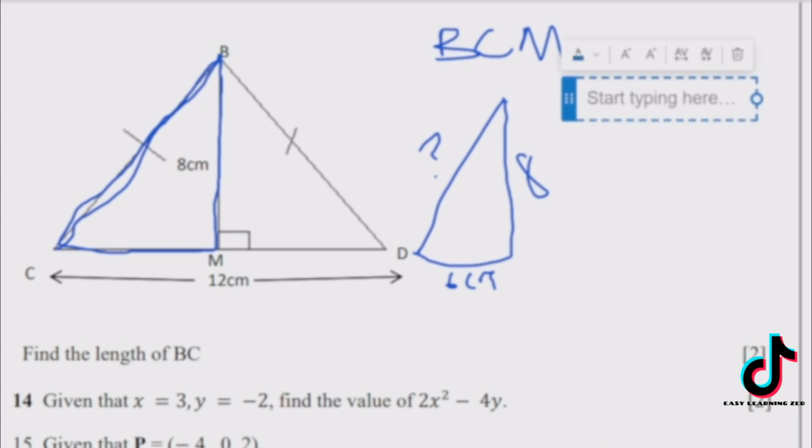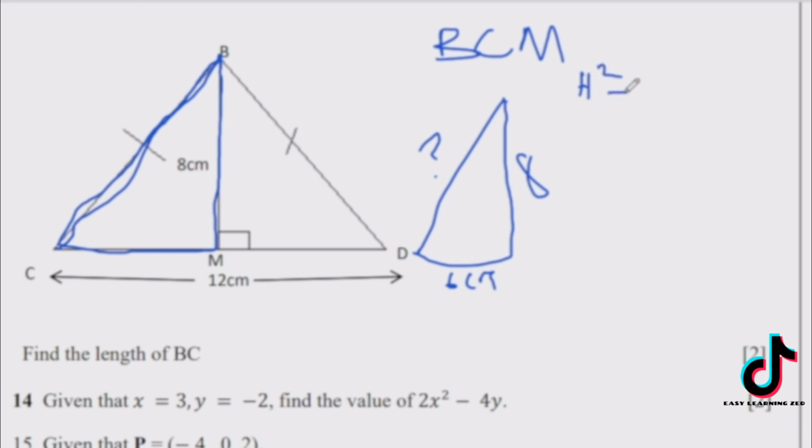Okay, let me just type because the keyboard will go. So we're going to have h squared is equal to adjacent squared plus adjacent squared.